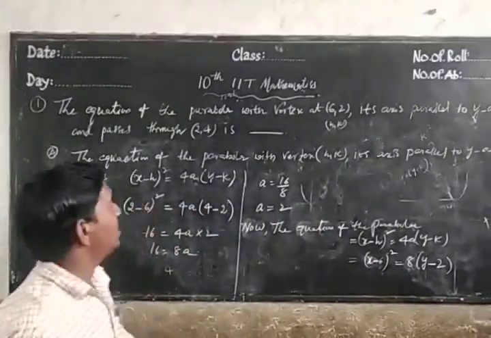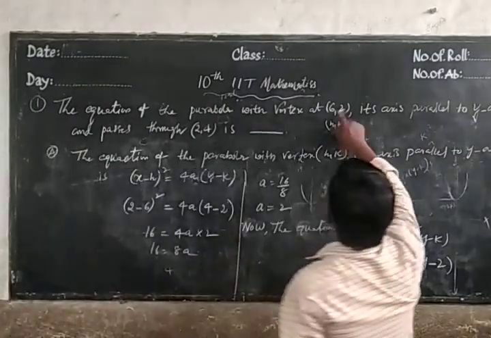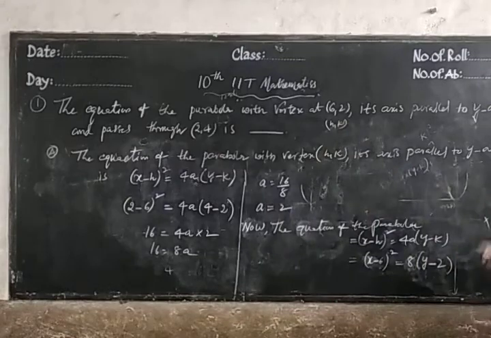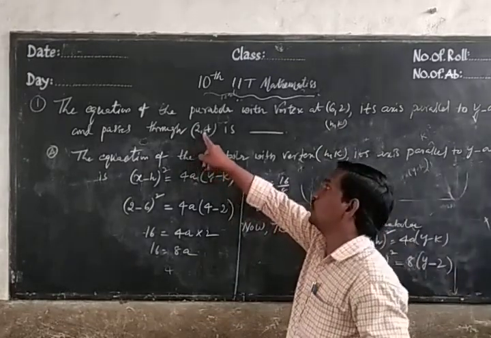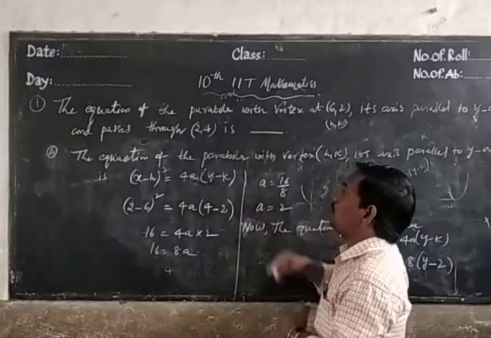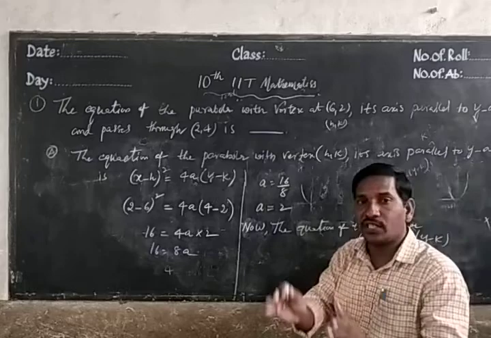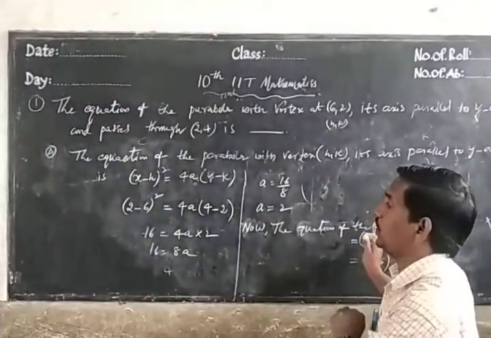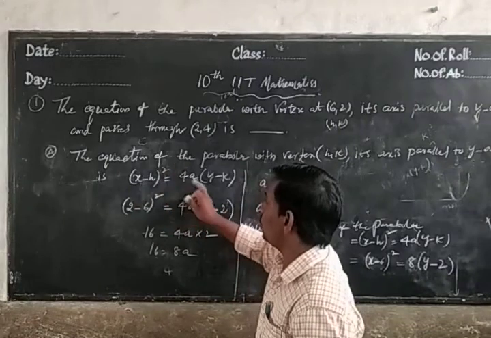Second option. So the equation of the parabola with vertex at (6, 2), its axis parallel to y axis and passes through the point P (x, y) equal to (2, 4). So the equation of the parabola with vertex (h, k): the origin (0, 0) shifted to (h, k). So what is the equation? (x minus h) whole square is equal to 4a into (y minus k).